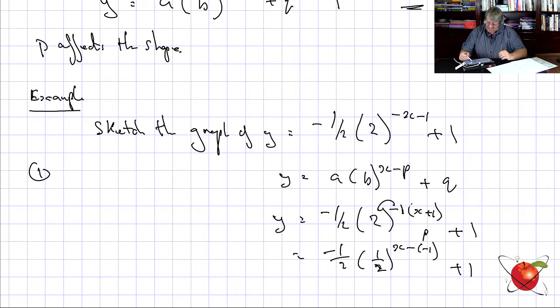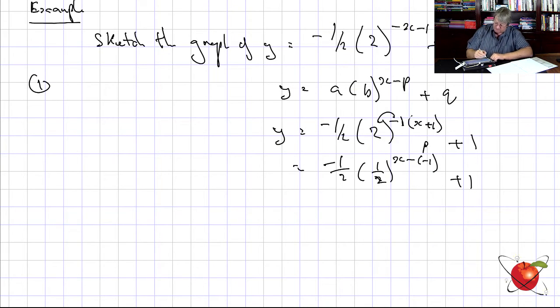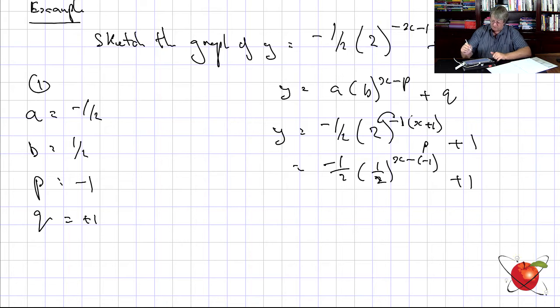I want it in that x minus p format because I want to know what p is. Therefore, it's x minus minus 1. And now we can write down the parameters. a is going to be equal to minus a half. b is going to be equal to a half. p is going to be equal to minus 1. q is going to be equal to plus 1. So we've identified and isolated all of our parameters now.